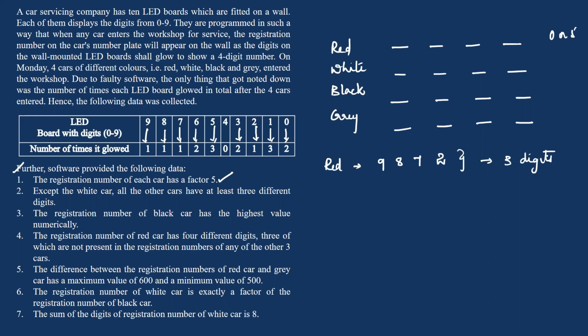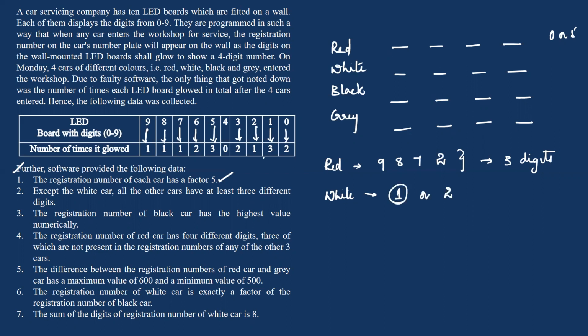The registration number of white car is exactly a factor of the registration number of black car. The sum of the digits of registration number of white car is 8. Okay. And in the registration number of white car, you only have either 1 digit or 2 digits. This does not have more than 2 digits. It is given except the white car, all the cars have at least 3 different digits. So white car has only 1 digit or 2 digits.